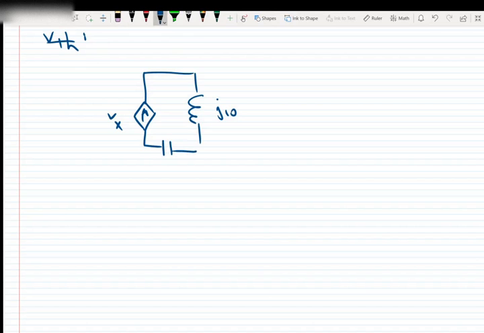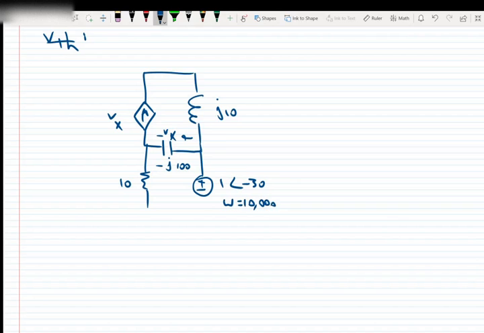We have the capacitor with the value of negative J100, and it's plus minus Vx. We will have 10 ohms resistor, and the voltage source, which in phasor of course is 1 with the angle of negative 30 and with the frequency of 10,000.